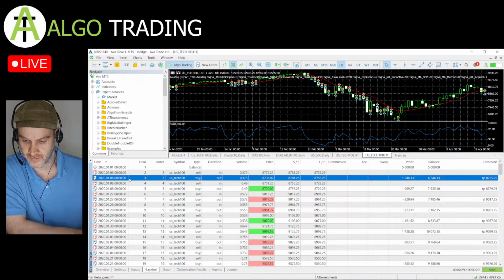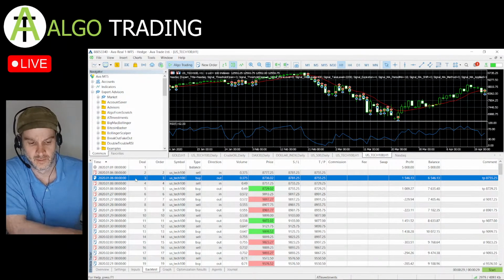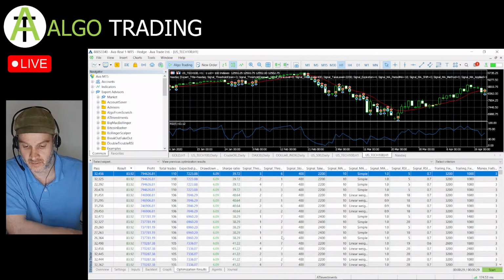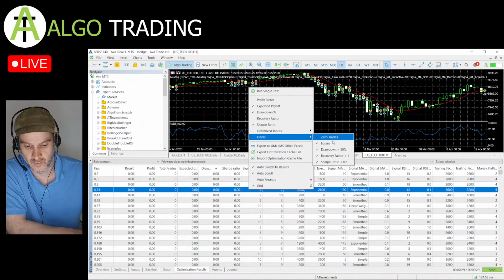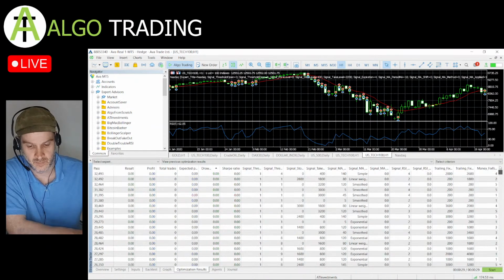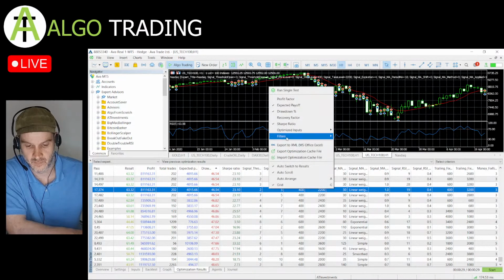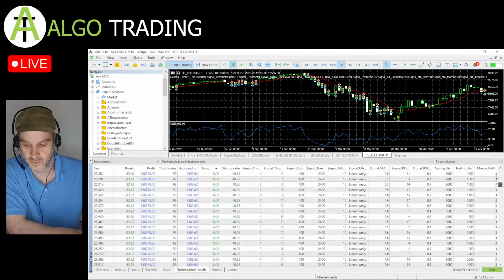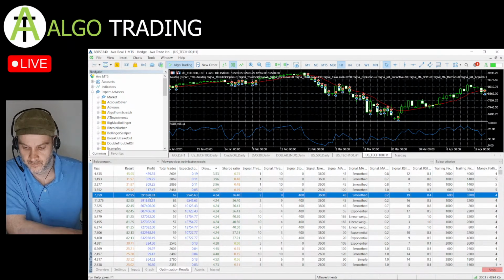Buys on the 6. Volume is 0.375. It sells, buys on the 6, sells on the 6. And the lowest drawdown is this one.